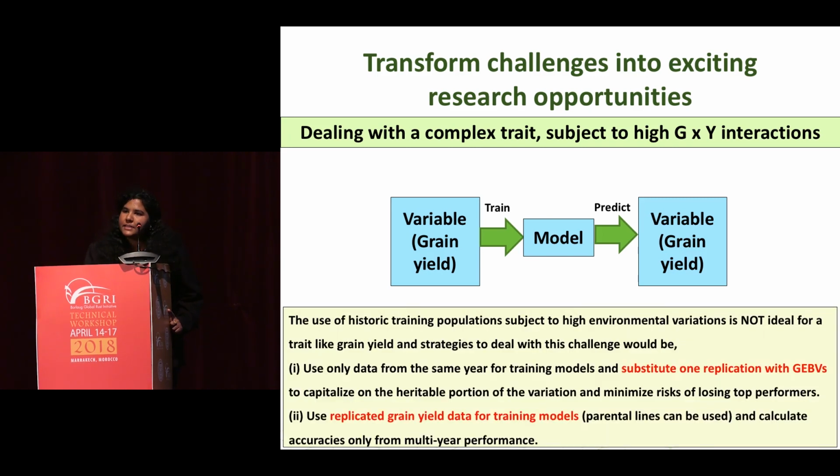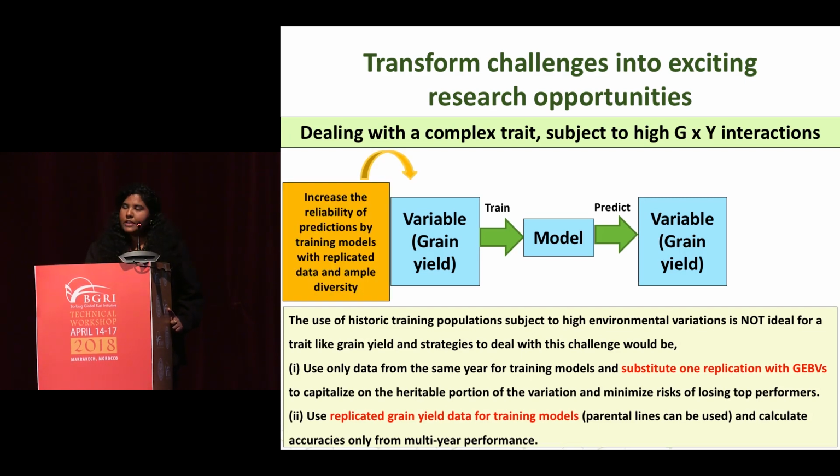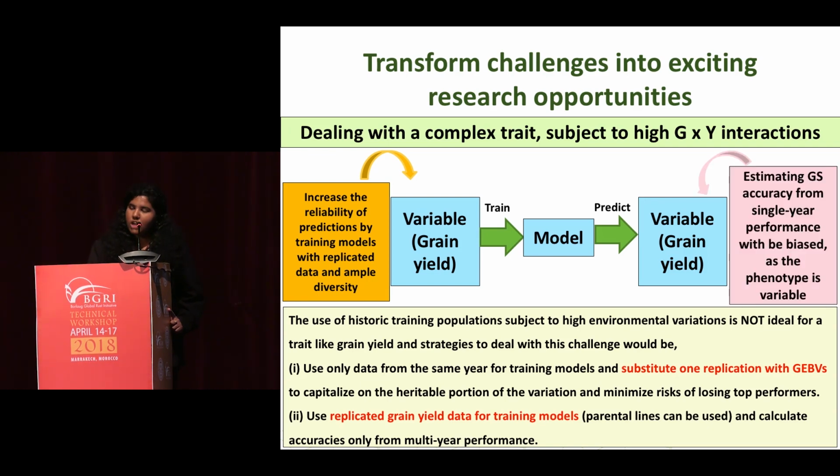So how do we improve this? How do we increase the reliability of our predictions or the reliability of our training populations? This is what we do. To increase the reliability for a trait like grain yield that has low heritability and which is highly influenced by G by E, we need to have replicated data across environments in the training set. And I would also give a caution here.